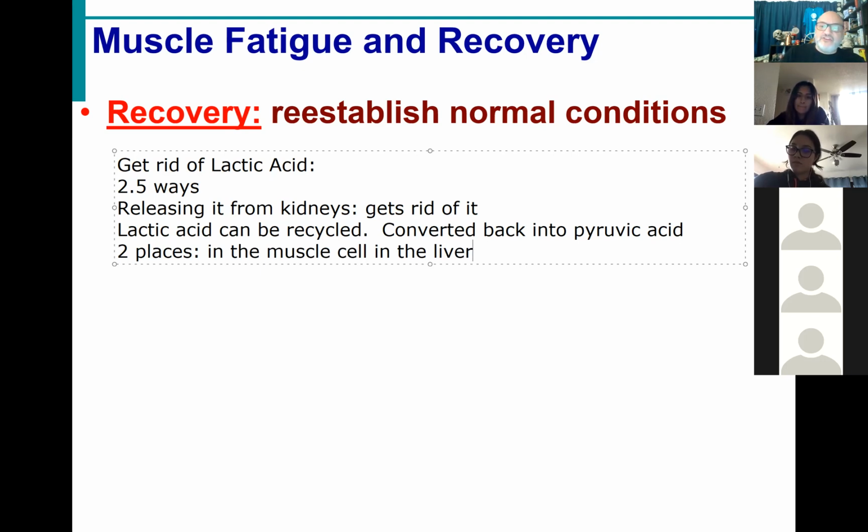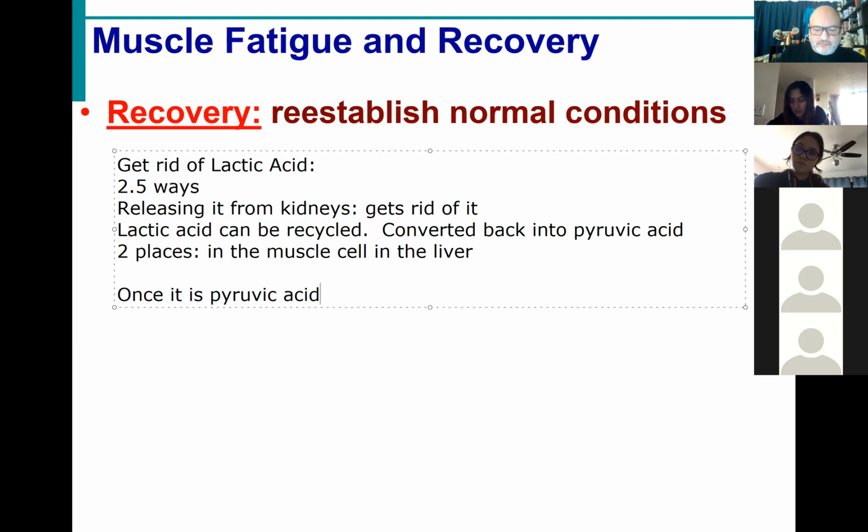And the advantage of converting it back into pyruvic acid is once it is pyruvic acid, it can enter the mitochondria to make ATP.